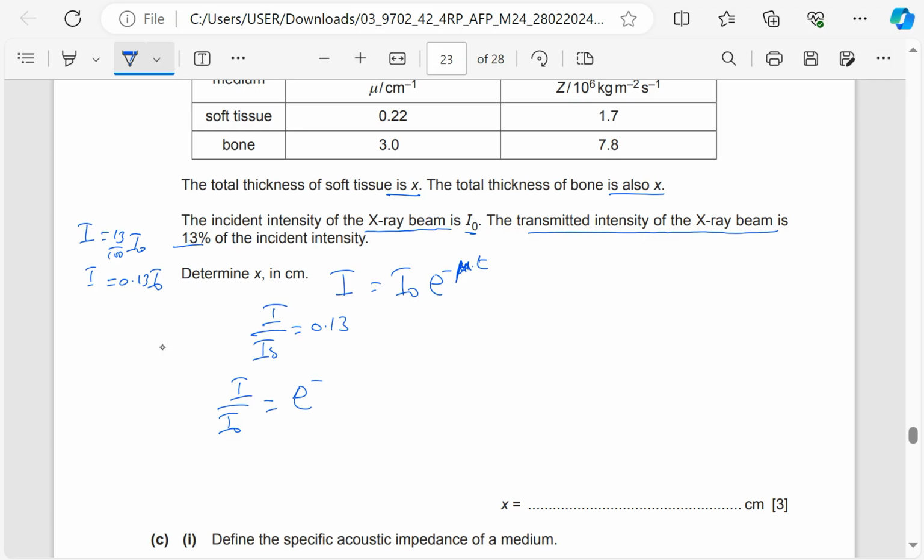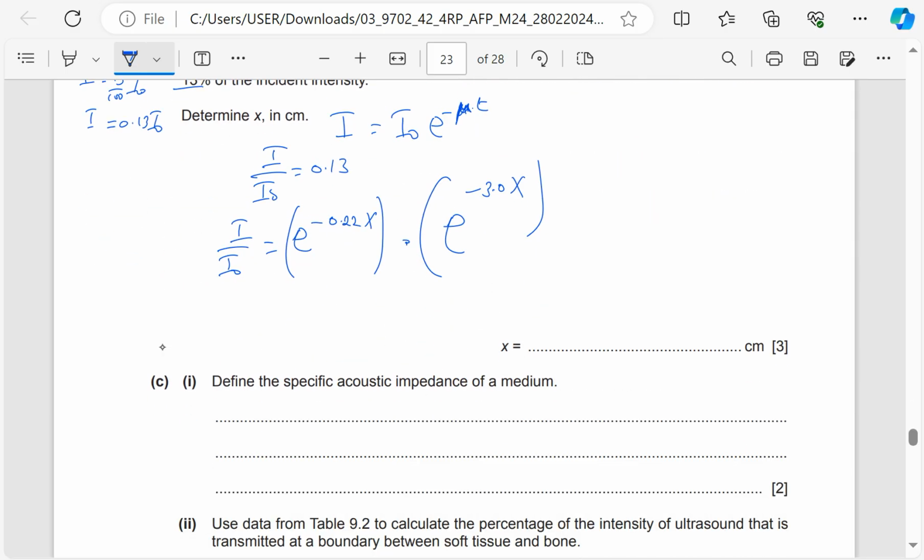If I consider soft tissue first, it will be 0.22 times its thickness, which is X. This is for soft tissue. Then I'll multiply this by e power minus, because it also goes through bone, its thickness is X. Its attenuation coefficient is 3, so it is minus 3.0 times X. So I'll simply say 0.13 is equal to e power, of course I'll just add up the powers.